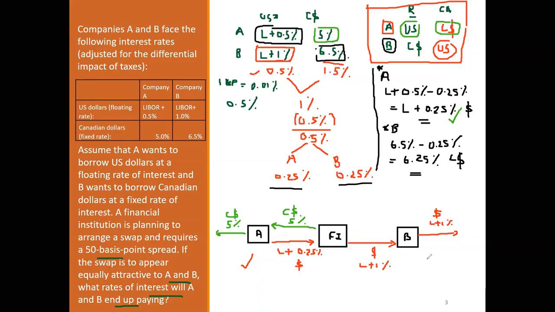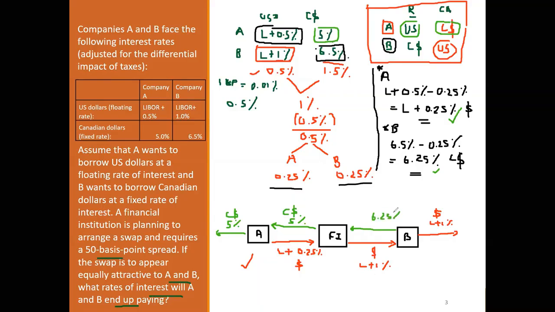Then also we know that the cost to B should be 6.25% in Canadian dollars. So we can make sure in the swap that B pays this cost, 6.25%. This is the simplest way that you can devise this.